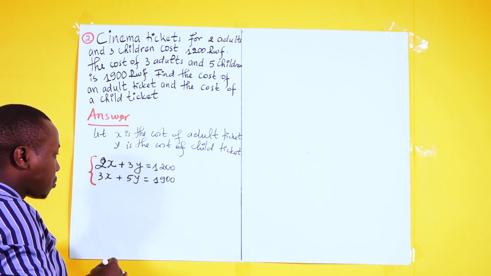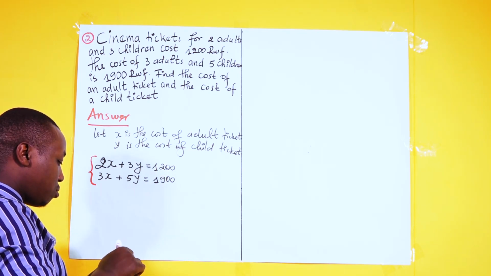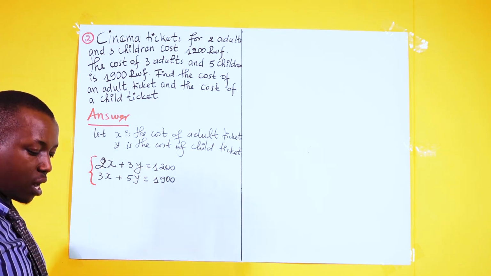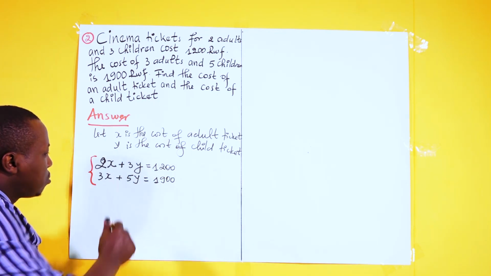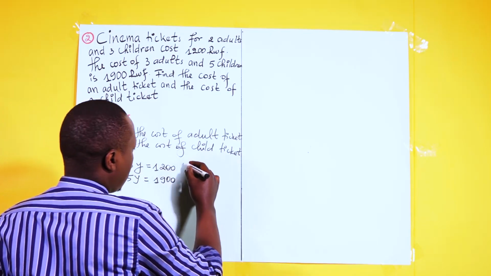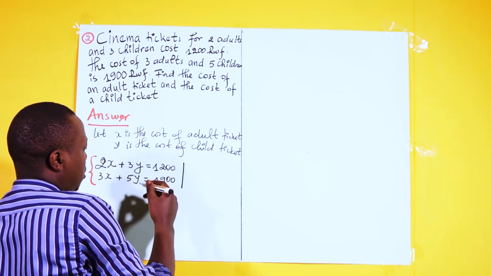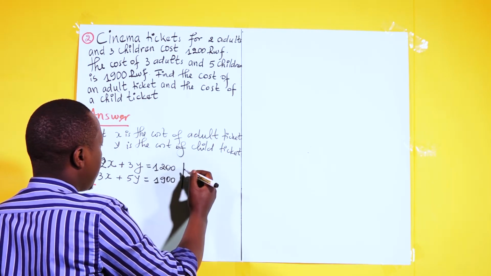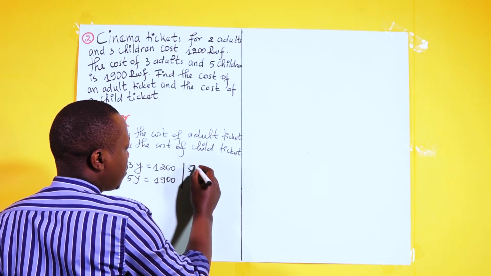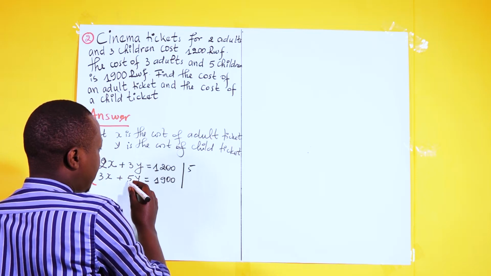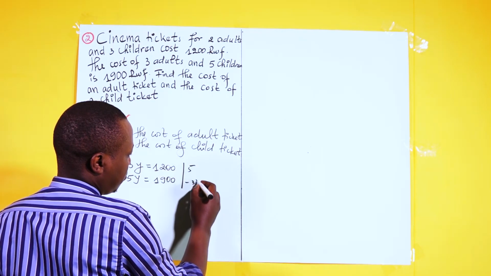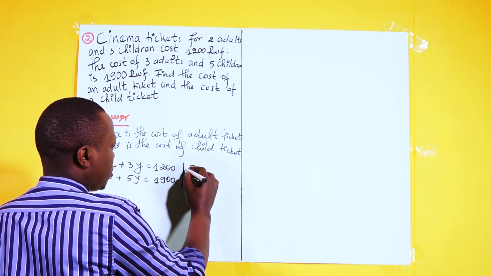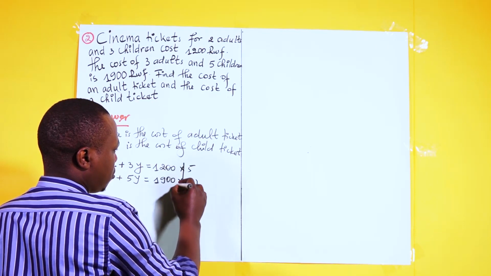Now we are going to look for x and y, which are our common solutions. How? We can eliminate the value of y by multiplying here by 5 and here by -3.